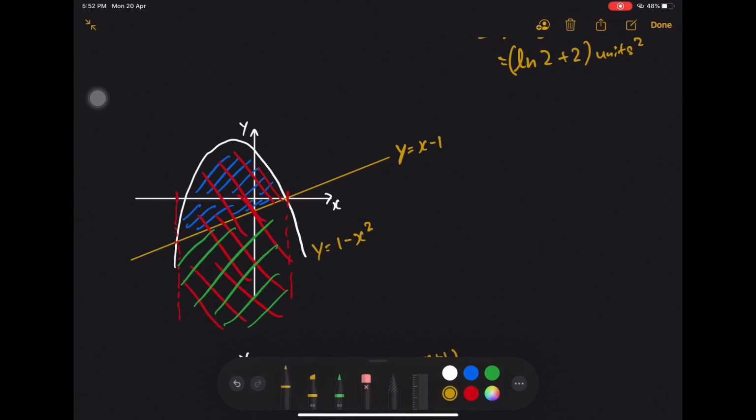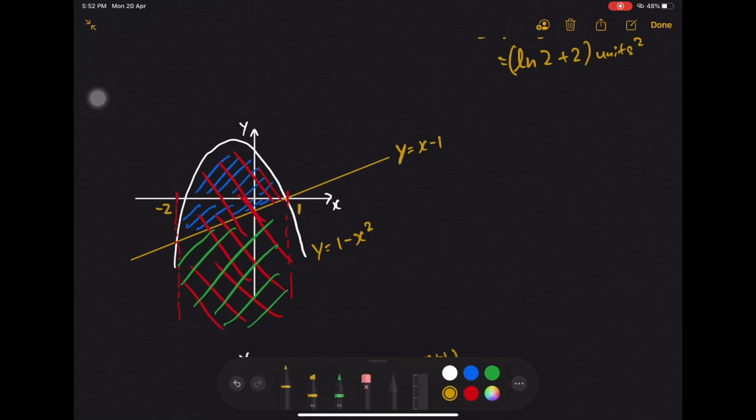So first you have to do simultaneous equations and find the x coordinates. When you find the x coordinates, you get that this point is going to be 1, and this is going to be your -2. Okay, so with that, we can just integrate and find the blue region.